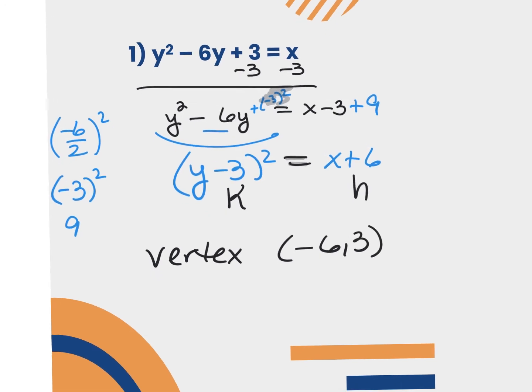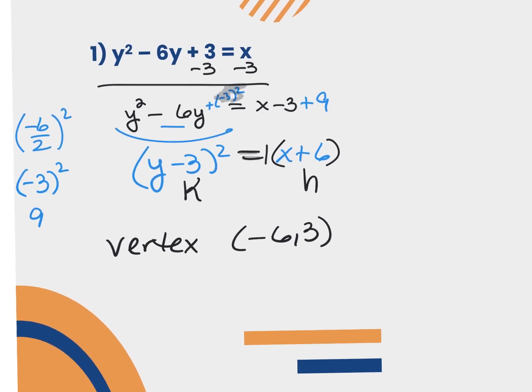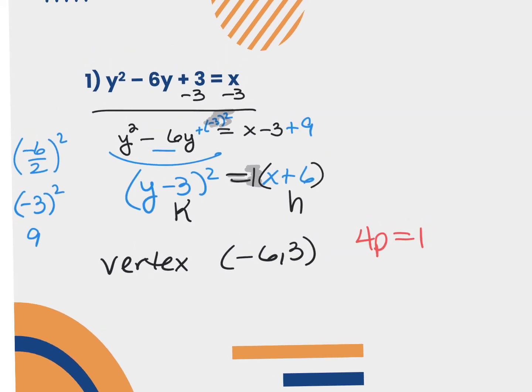Now, remember the p-value, if you want to put parentheses around this, you can assume that there's a 1 here. So to find your p-value, you're going to take this 1 and set it equal to 4p. Now remember, this equation was y minus k squared equals 4p times x minus h. That's what this thing is.